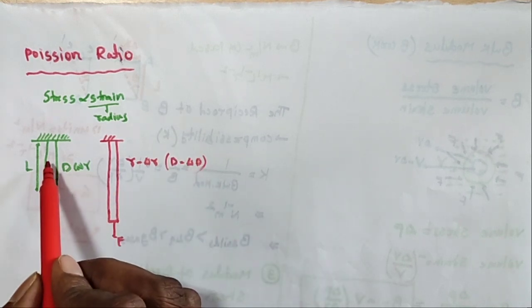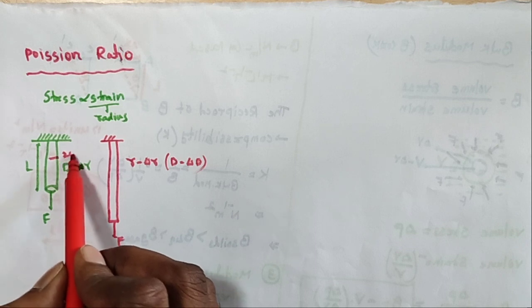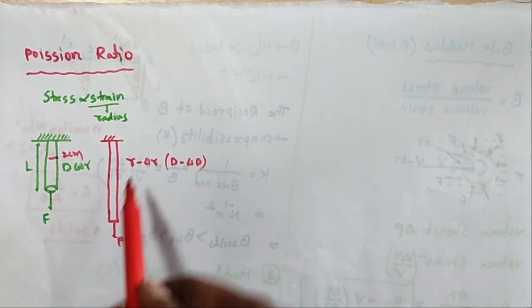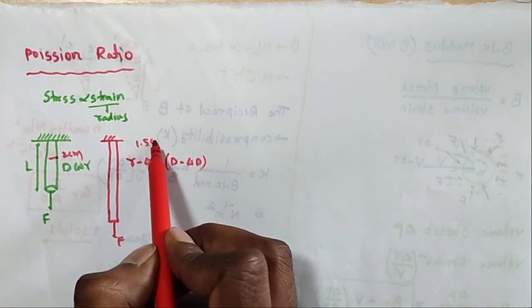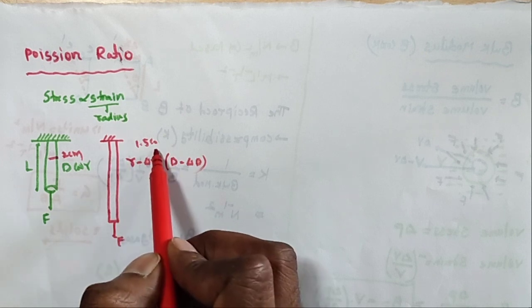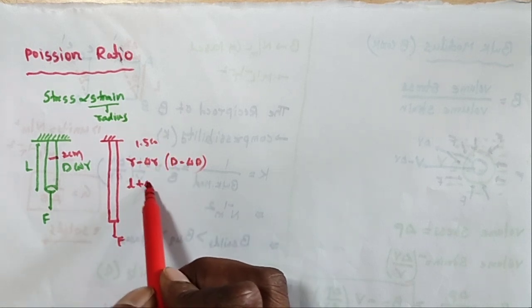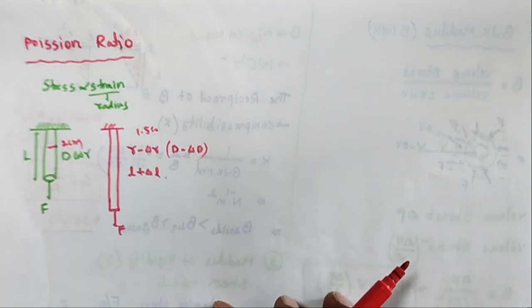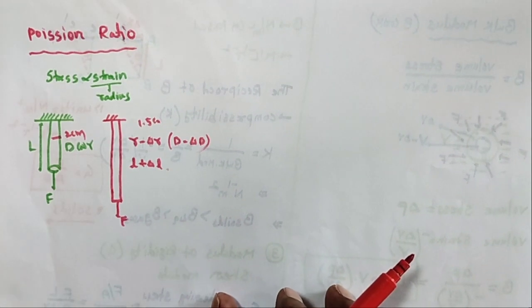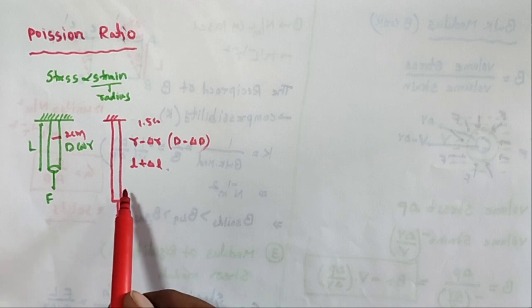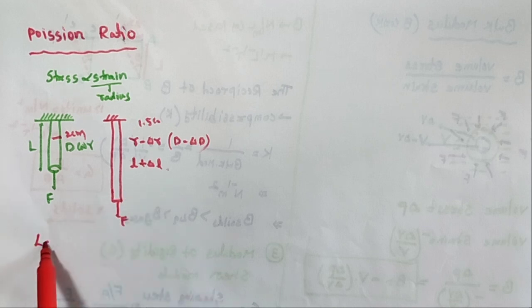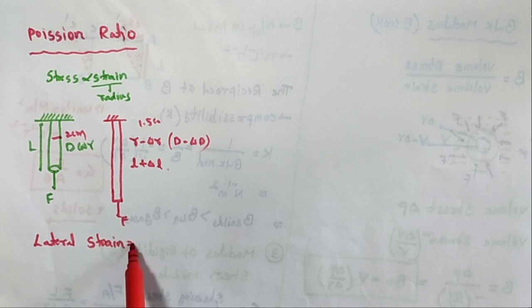For example, the thickness is 2 centimeter, and after the force is acting it is 1.5 centimeter. The thickness or radius will decrease, but the length will increase, L plus delta L. Therefore the lateral strain is acting. What is the lateral strain?